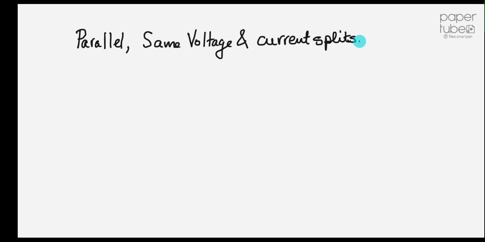Now this one I want to look at: how do we find the combination of resistors? I want to look at this equation here: 1 over R total is equal to 1 over R1 plus 1 over R2. Now that's where I'm going to stop at the minute.